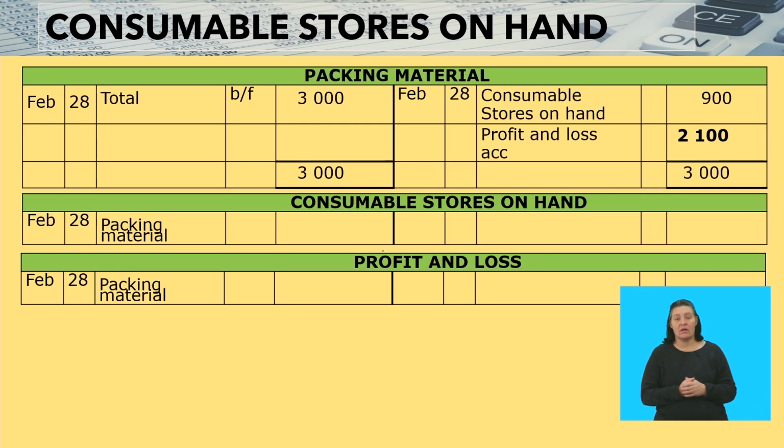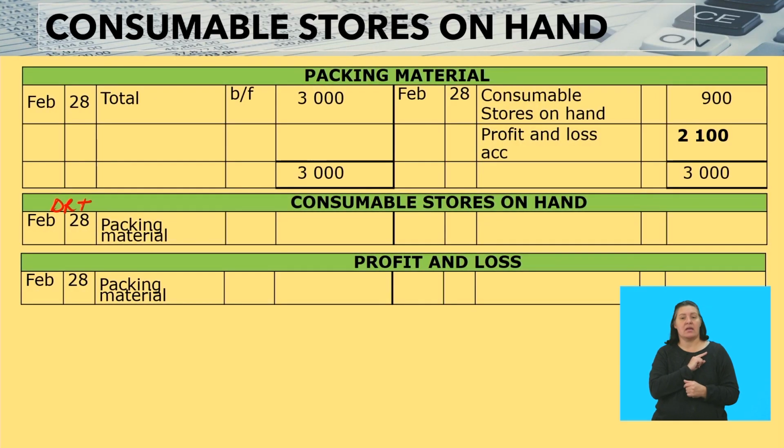When I come here, therefore, I now need to record an amount in the consumable stores on hand account. Remember, this is a temporal account, a temporal asset. Therefore, I will increase it on the debit side. I'll therefore come here and say packing materials, consumable stores on hand, it is 900.